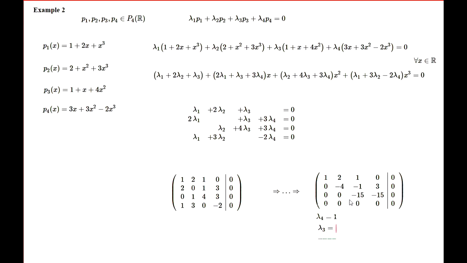So lambda 3 will be coming from the third row, and that will be -1, right? I'll do it here because it's a -15, 15. If you move this 15 to the other side, if you do your back substitution in full, I gave you plenty of examples where it was done in full.